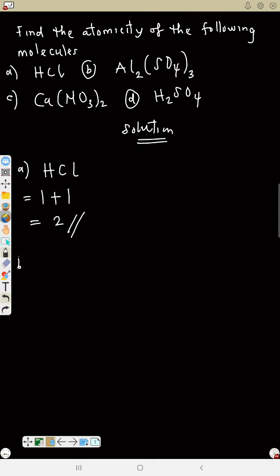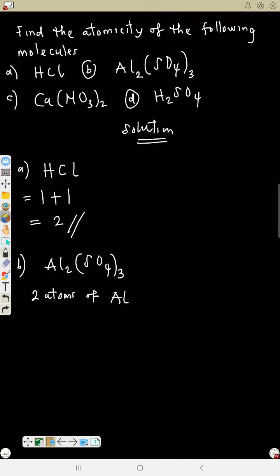Now B, we have Al2(SO4)3. In this compound, what is the atomicity? It is also heteronuclear. So now, let's see. Aluminum contains 2 atoms. Now, how can you take care of this 3?